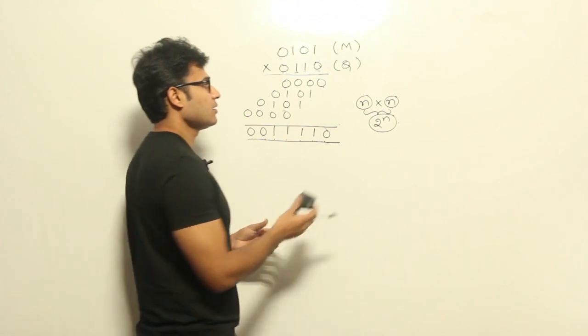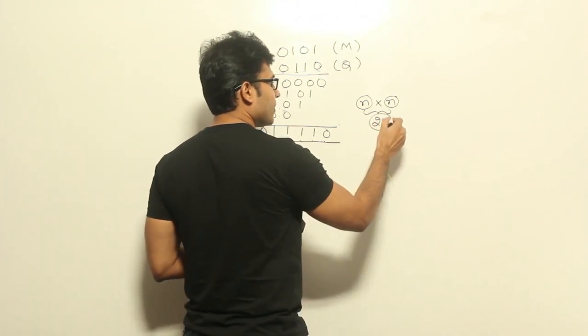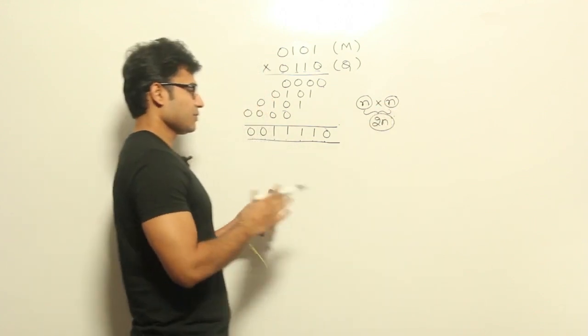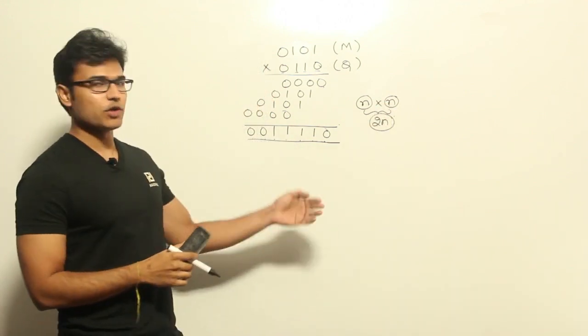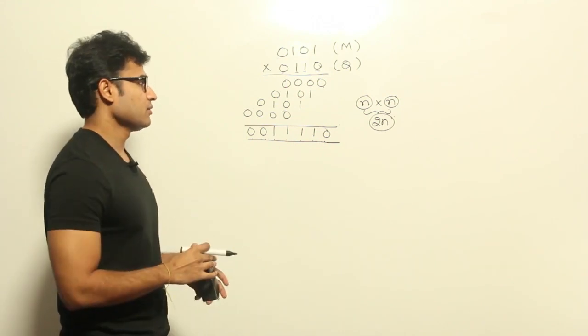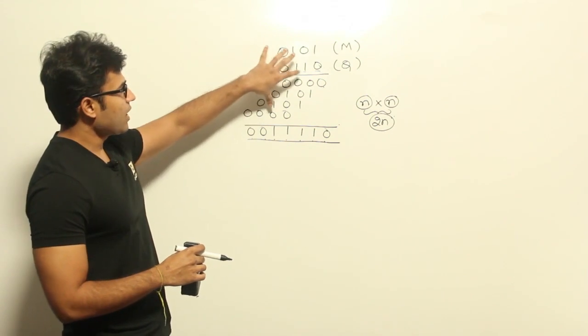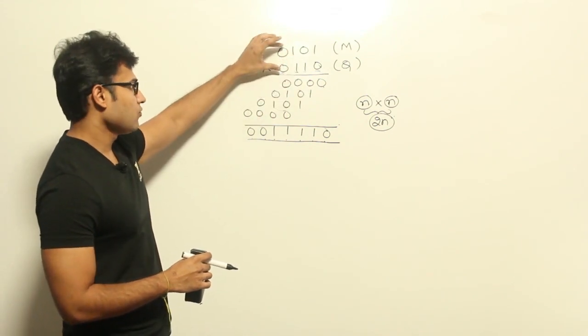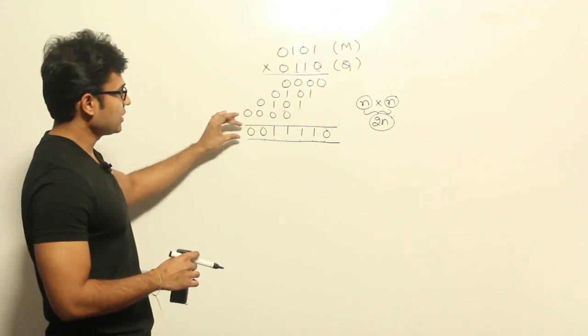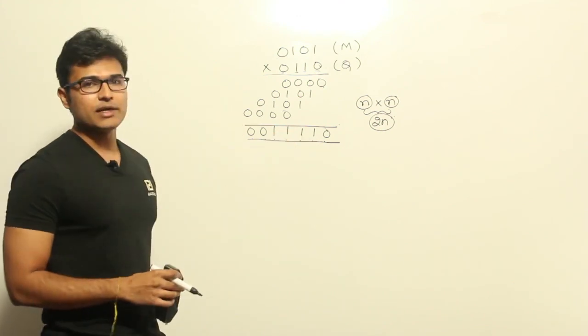If I multiply two n-bit numbers, the space required to hold the result is 2n in the worst case; you need not go beyond that. That is one observation you can make. So if we multiply two 4-bit numbers, the worst case space required will be 8 bits. In this case 7 bits were enough, but in general 8 bits.